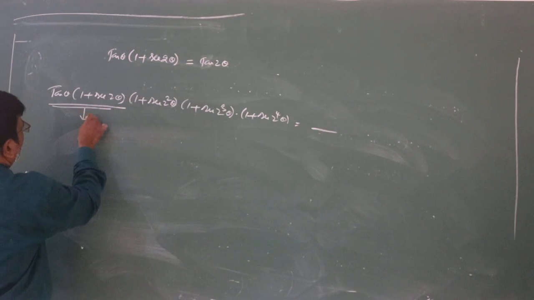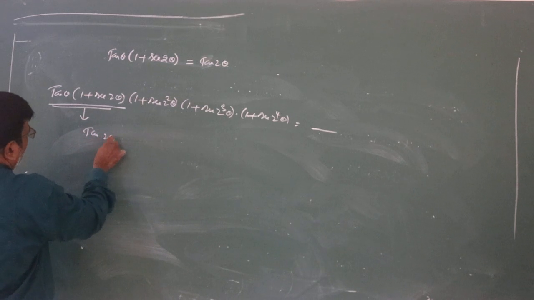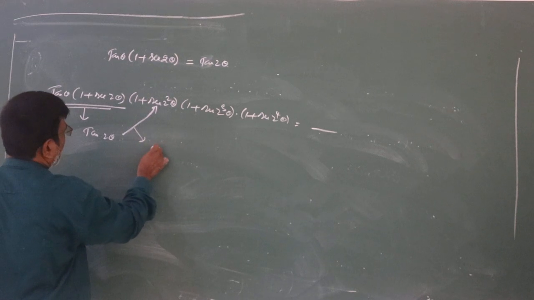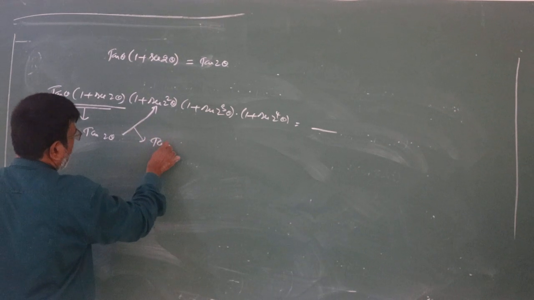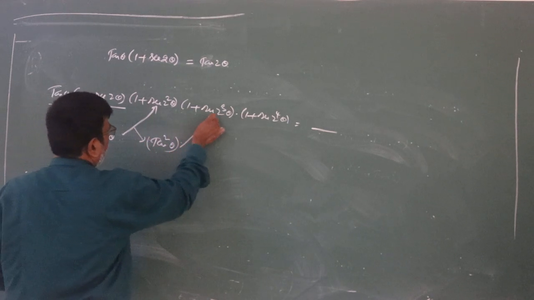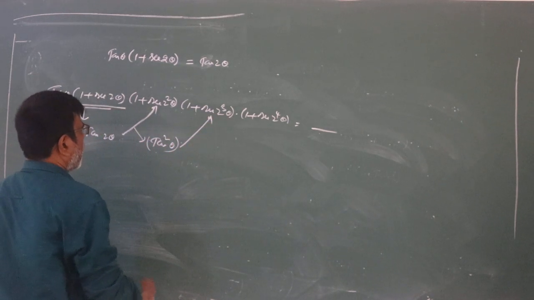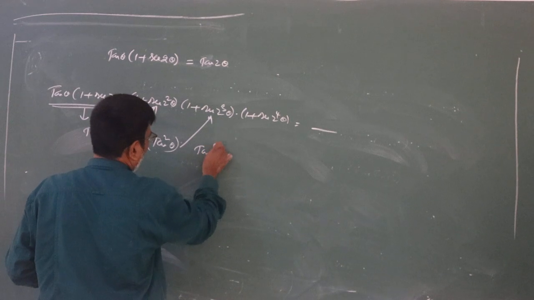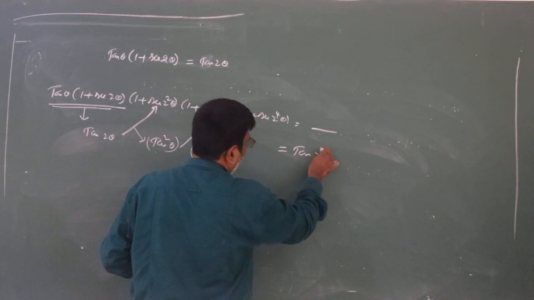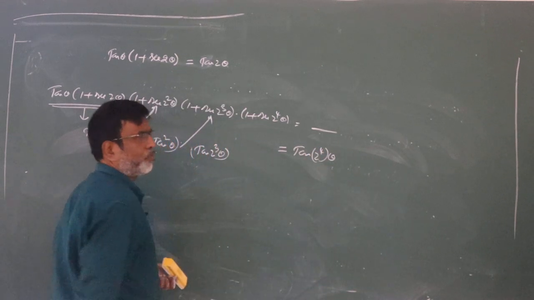This one is nothing but tan 2 theta. Again apply for this, we are getting tan 2 square theta. Again apply for this one, we are getting tan 2 cube theta. Apply for this one, we are getting tan 2 power 4 theta.